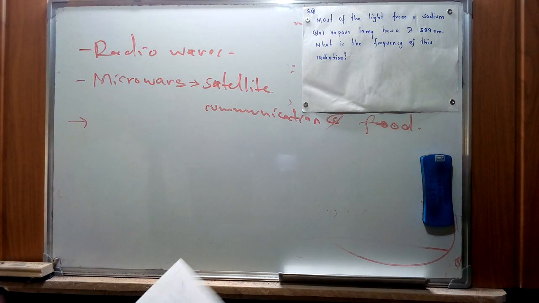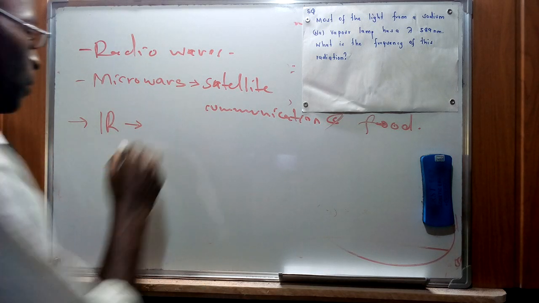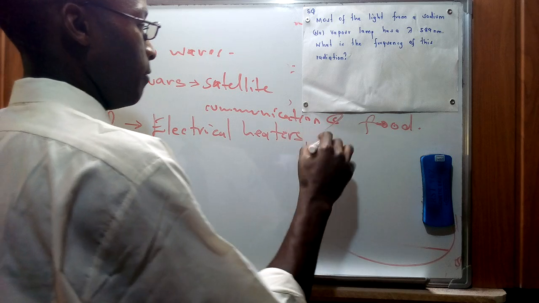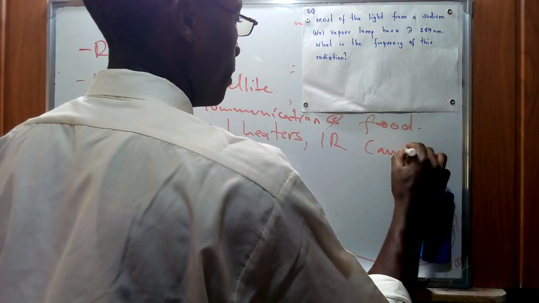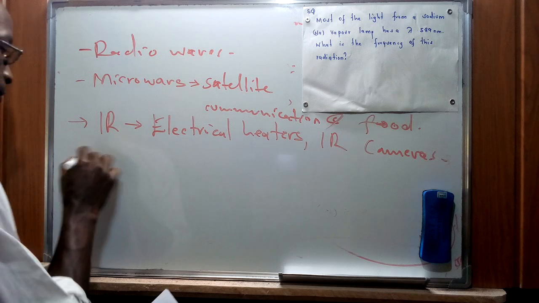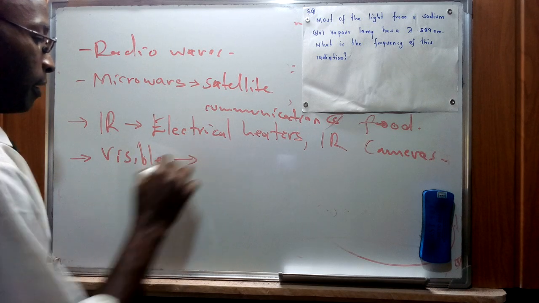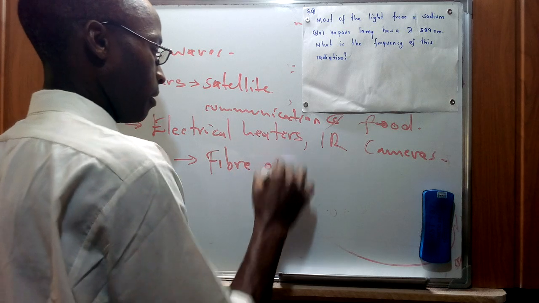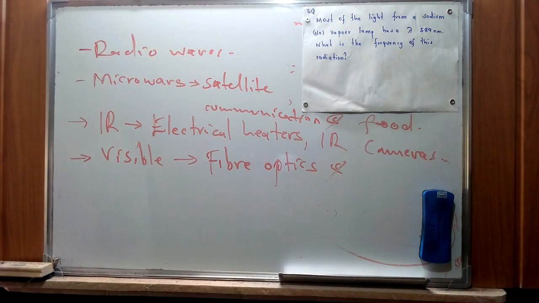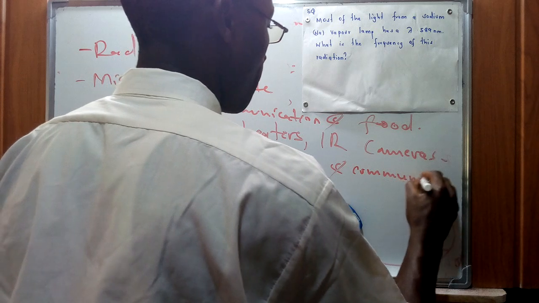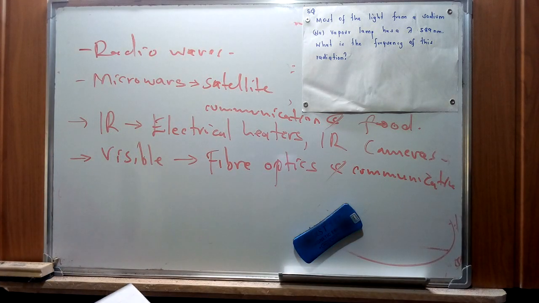We are also going to see that there was an infrared range of this electromagnetic spectrum, which is applied in electrical heaters and even infrared cameras that are applied for night vision and so on. And the visible light that we are normally conversant with is used in fiber optics, and even in communication, fiber optics communication.